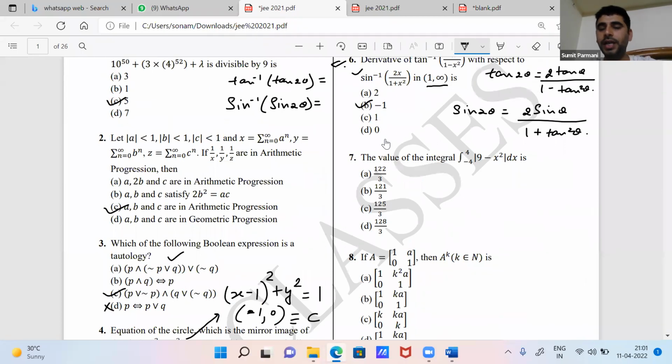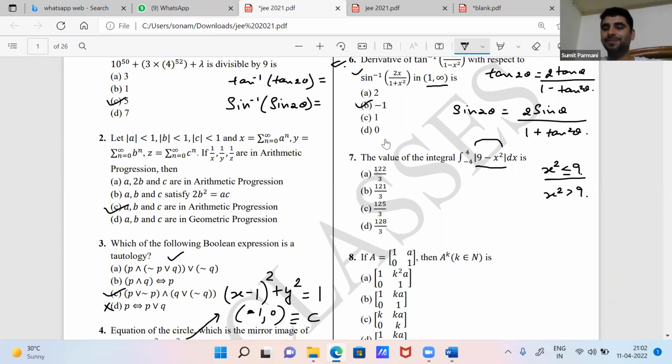Okay, seventh one, the integral from -4 to 4. You have to break this limit. How do you break it? You have to check in which interval this is positive and in which interval it is negative. That means you have to check where x square is less than or equal to 9 and where x square is greater than 9.